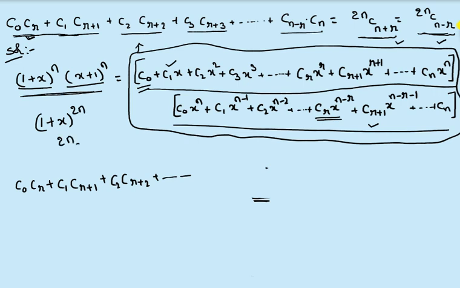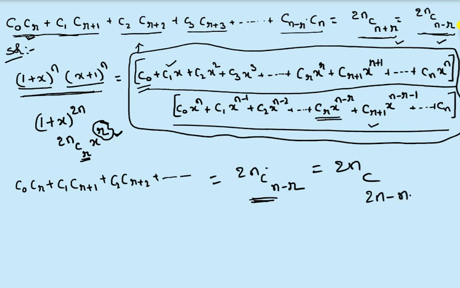Here the general term is 2n CR into x to the power of R. We have to find out the coefficient of x power n minus R. That is, in place of R there must be n minus R. So the coefficient of x to the power of n minus R is 2n C n minus R. That we can write as 2n C 2n minus n minus R, that is nothing but 2n C n plus R. Okay, so that is the other result.